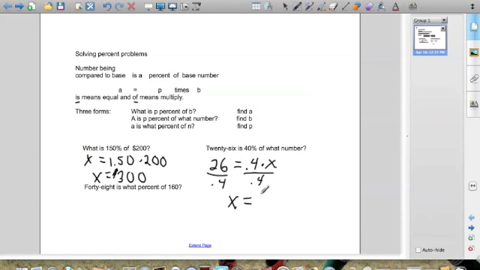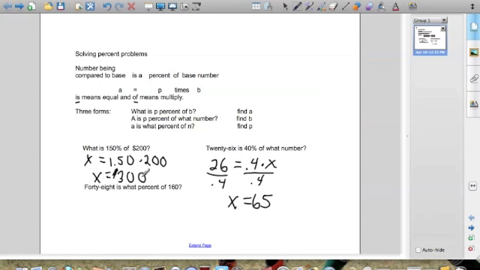Now you can check your work: take 26 divided by 65, and that should equal 40%, and it does.